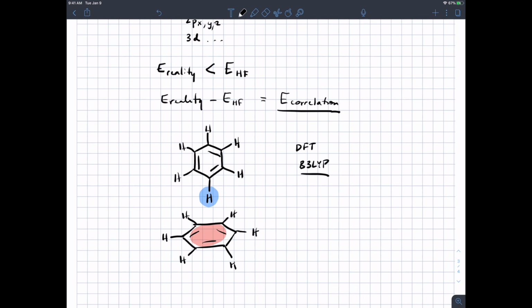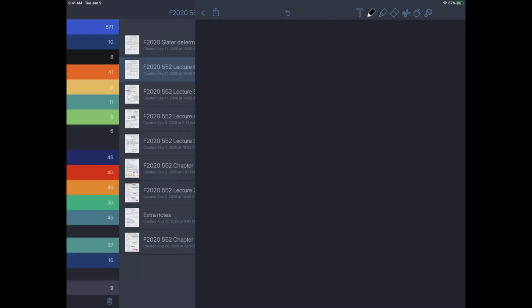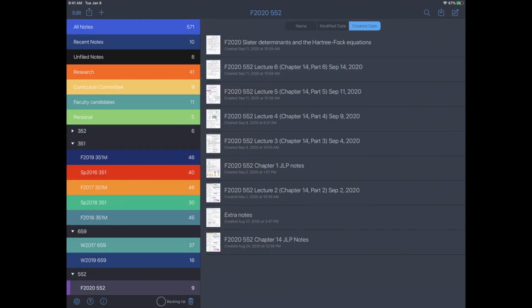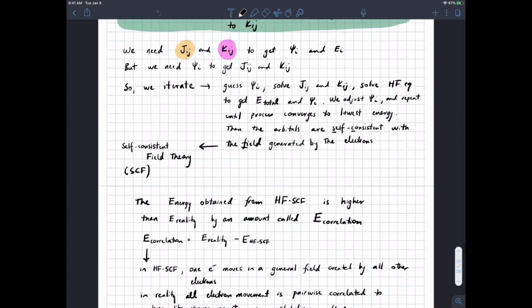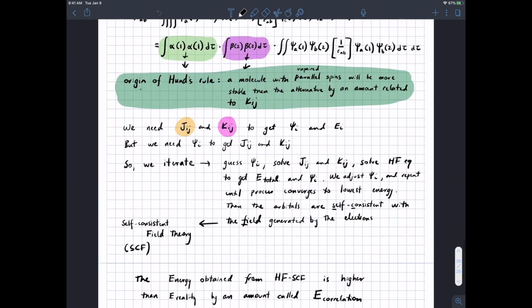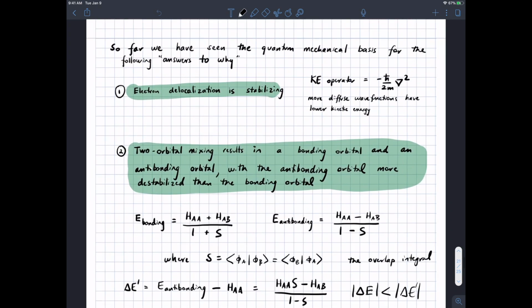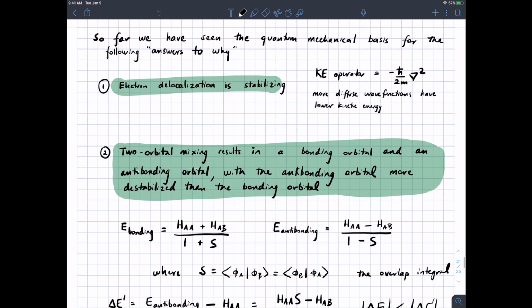All right. So I want to review briefly where we've come so far, because that basically finishes up what I want to do in chapter 14. We're leaving a lot undone, of course. But I want to review what we've identified over the past couple of weeks as the source of some of the basic rules of organic chemistry.